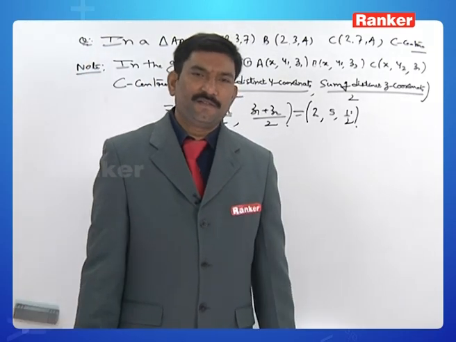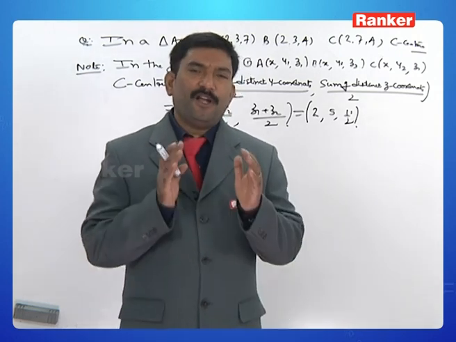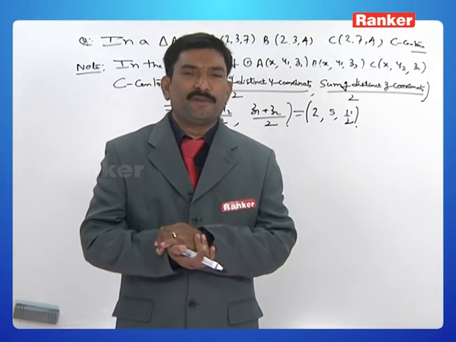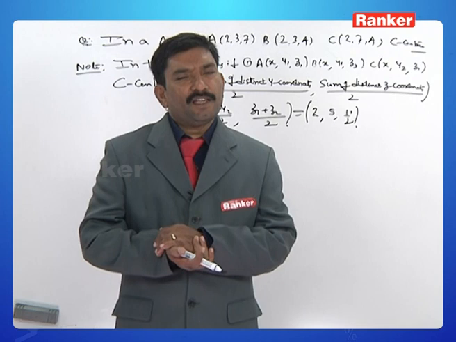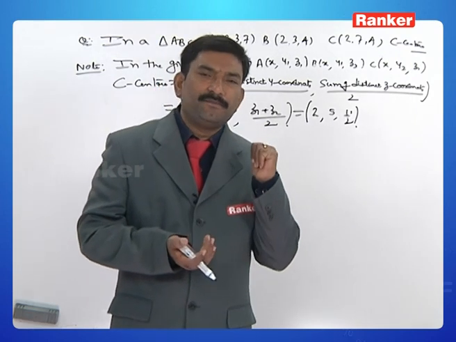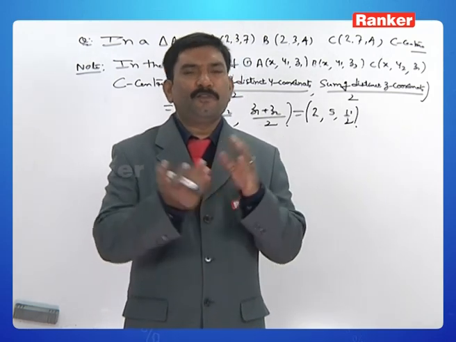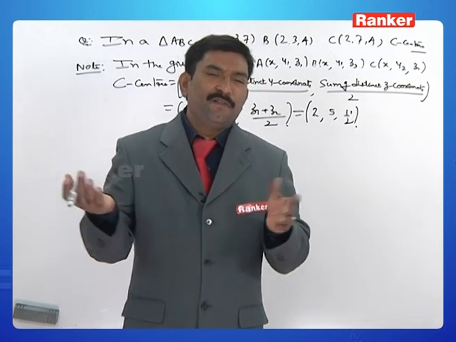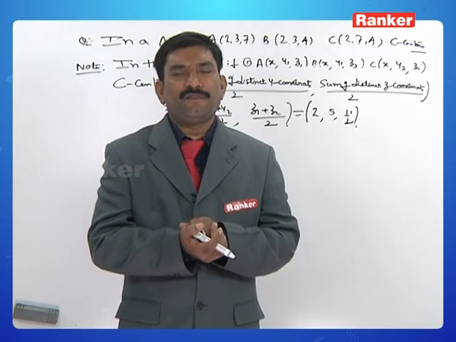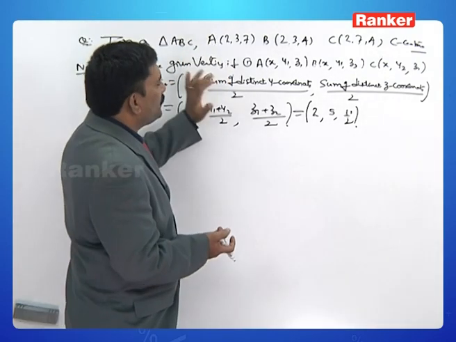If you observe before tackling the problem whether the given coordinates of the vertices are in this form, you can avail this facility and comfort, instead of finding the lengths of the sides and verifying the Pythagoras theorem. This is one of the best ways of finding it. This problem suits this.